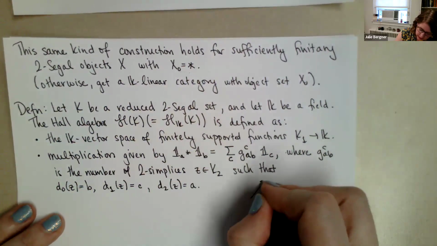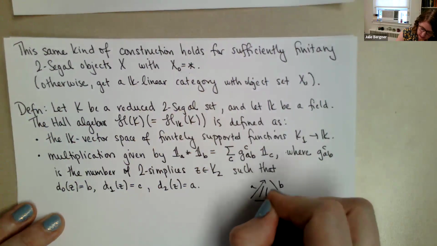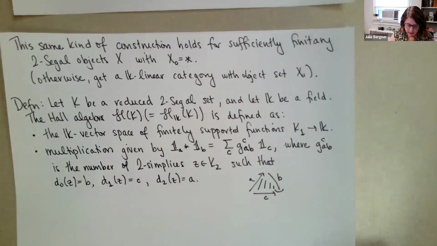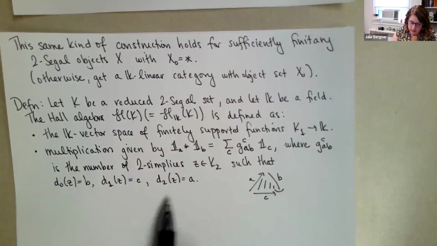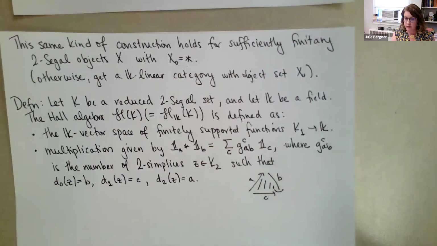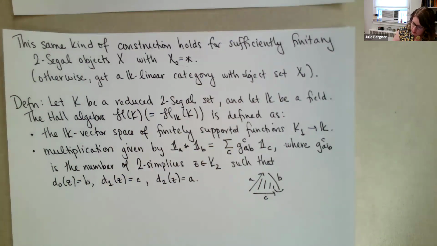So pictorially, it's a 2-simplex where you have a, b, and c. And if this, like our previous example, is coming from an abelian category, then this is just what we had before, because remember our 2-simplices correspond to short exact sequences. But we have this more general definition.